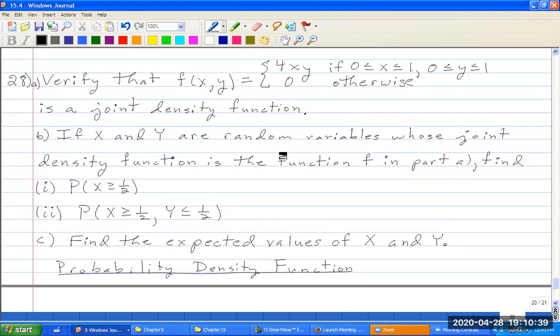B: if x and y are random variables whose joint probability density function is the function f that we saw in part A, find the probability that x is greater than or equal to a half, and the probability that x is greater than a half and y is less than or equal to a half. C: find the expected values of x and y.